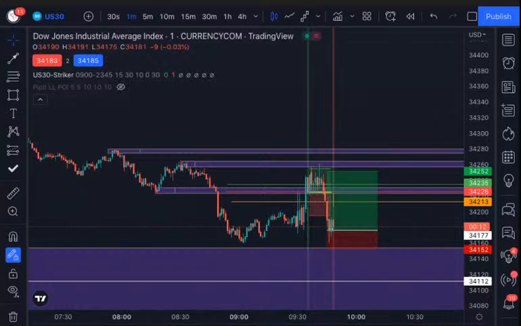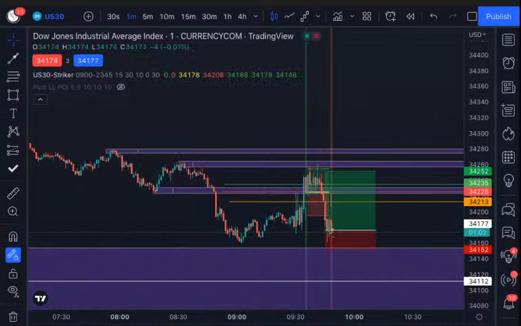I just realized the 30-minute on U30 looks crazy for some sells. There's some short position space to go around now. Let's see if this holds. Right now it's holding.